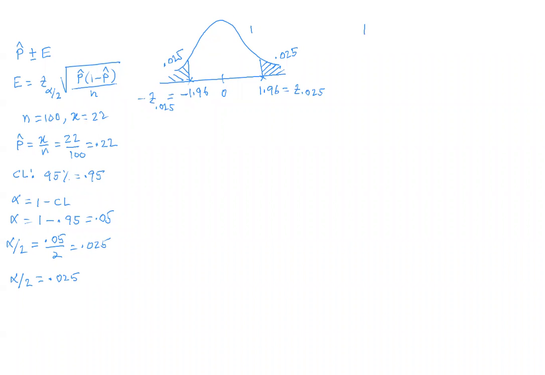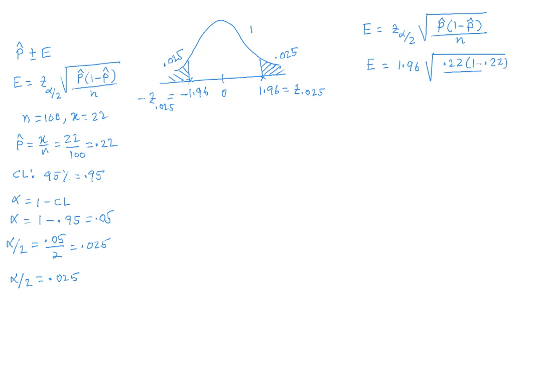Margin of error E is z sub alpha over 2 times square root of p hat times 1 minus p hat, all of it divided by the sample size n. So E is equal to 1.96 times square root of p hat, which is 0.22, right? 1 minus 0.22 is 0.78, by the way.